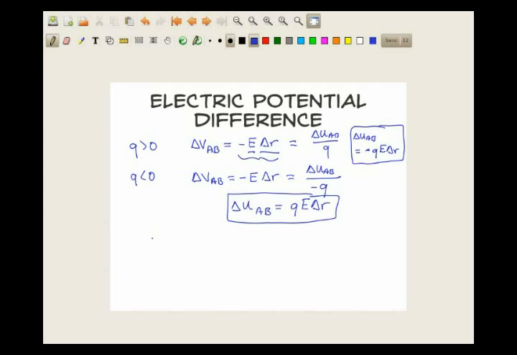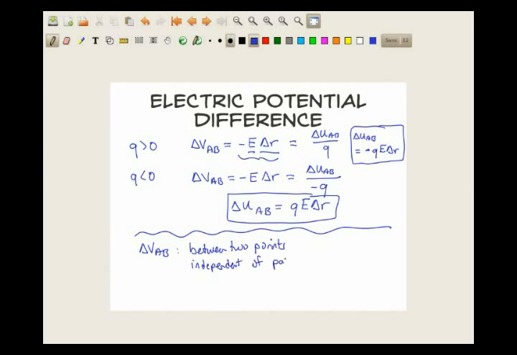Now, it's important to stress again and again that this is only a quantity which is relevant between 2 points. And not only that, it's independent of the path.